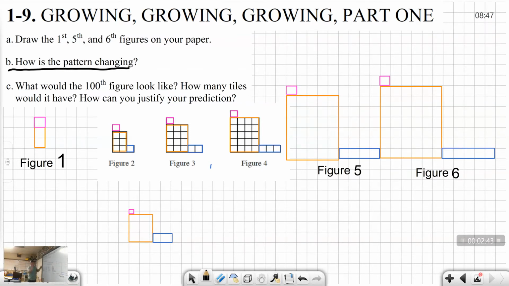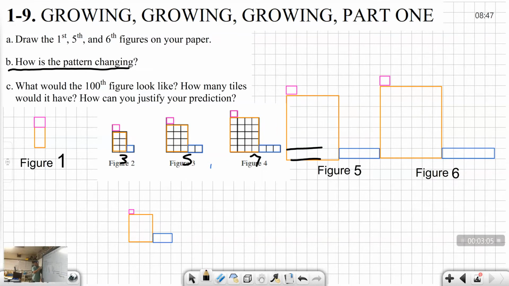Now, many of us saw that this is 3 wide, 5 wide, 7 wide, so we continued and we knew that this was 9 wide and this was 11 wide. When we count that back, 11, 9, 7, 5, 3, this is only 1 wide.